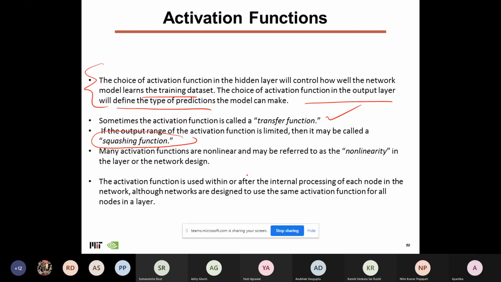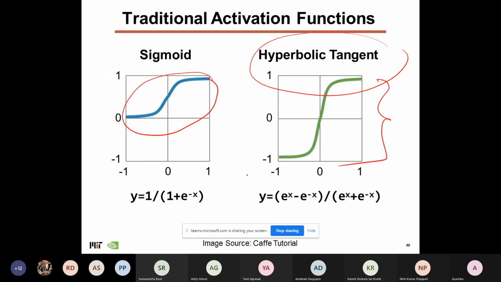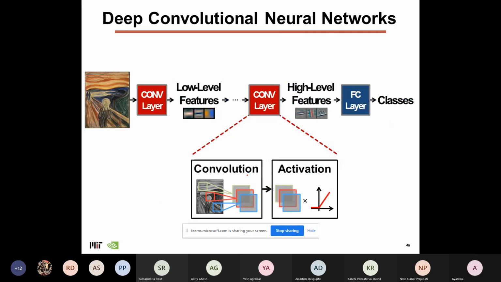Non-linearity is also given, and the activation function is used within or after the internal processing of each node in the network. Of course, we have also seen that when you have low level features, then in your convolution layer you have done the convolution, that means this filter related multiplication, the feature extraction.